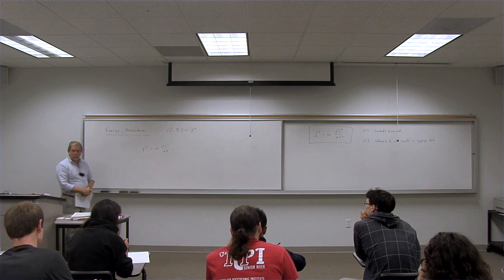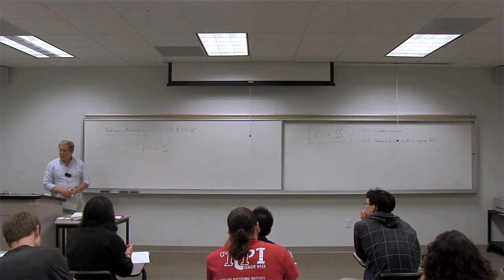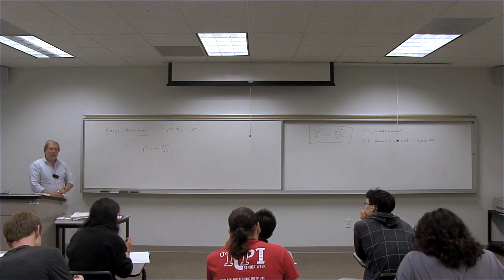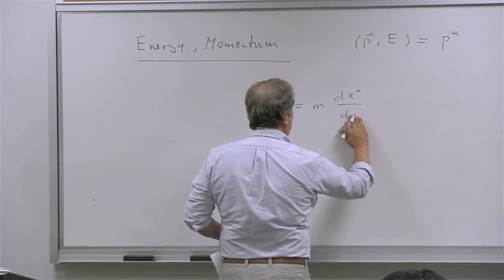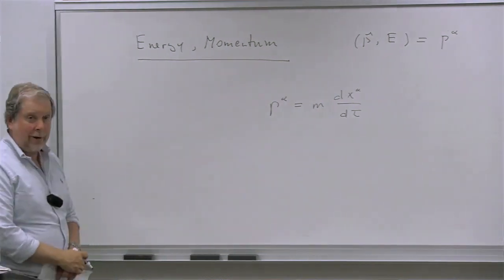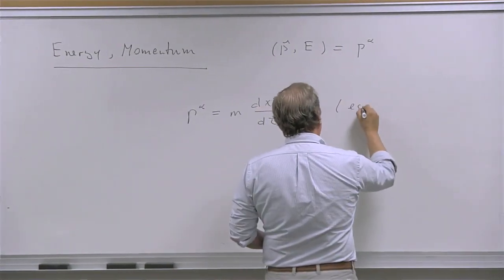Again, this is wrong and will not work because the t depends on the observer, right? And so the only candidate that is invariant for a time derivative is going to be our tau. And so we should define it in this way. And if we define it in this way, then this is an equation for a 4-vector.